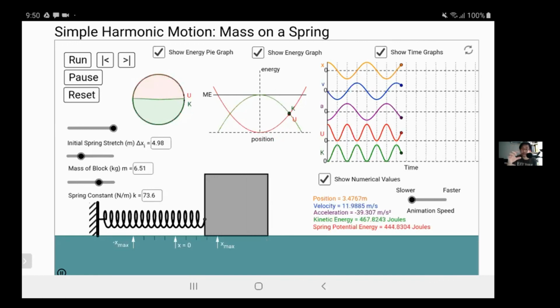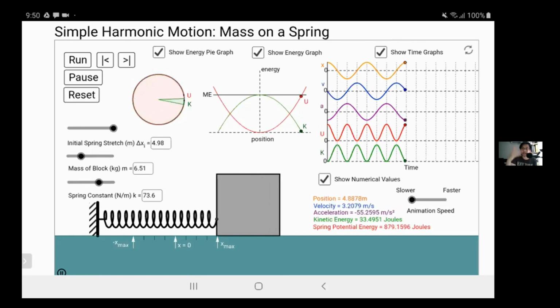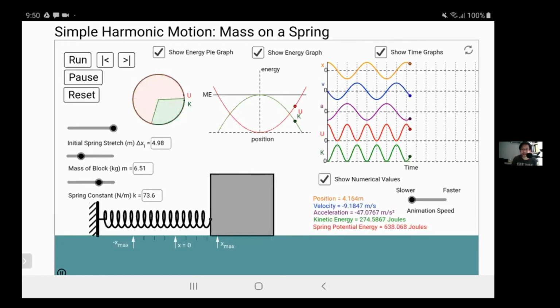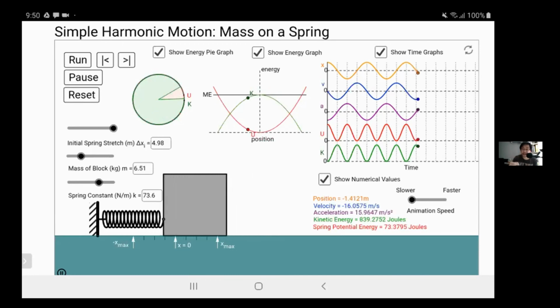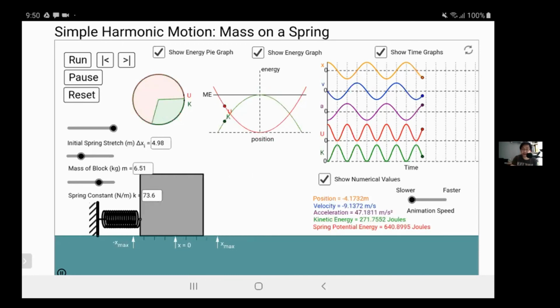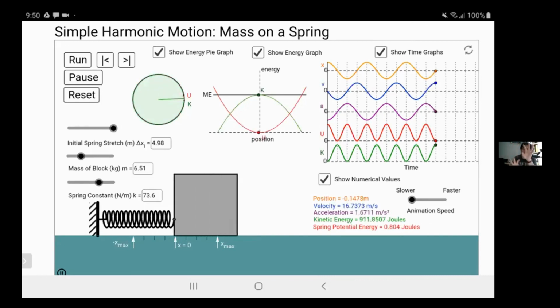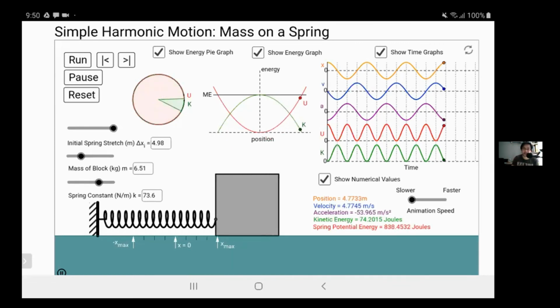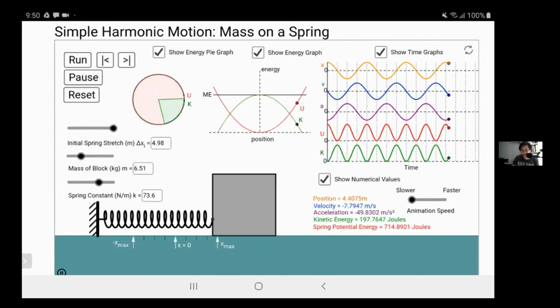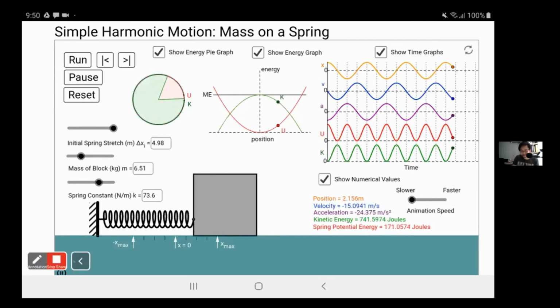So all three of them will be sinusoidal, periodic all the time. And for the energy, you're going to have the sine square and the cosine square. As you can see, when the potential is high, the kinetic will be low, and when the kinetic is low, the potential will be high, right? They compensate each other, but the sum stays the same, as you can see from the middle curve right there.